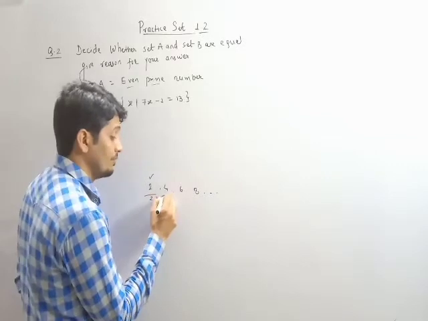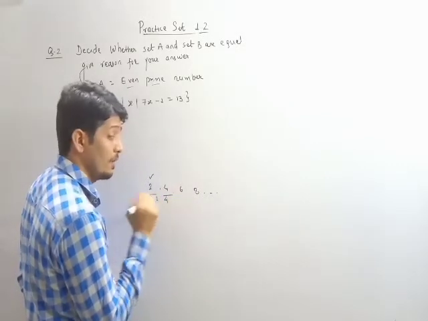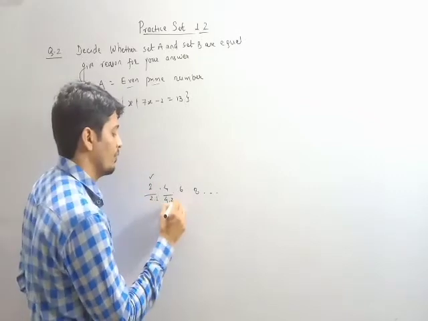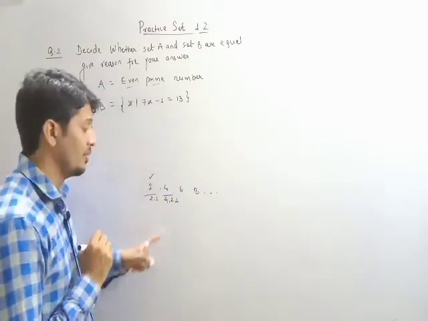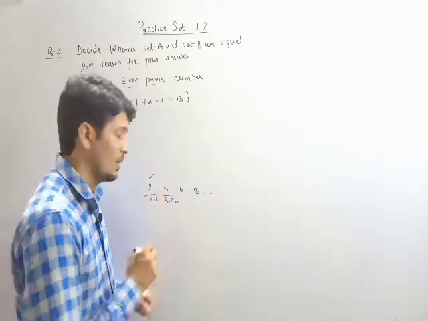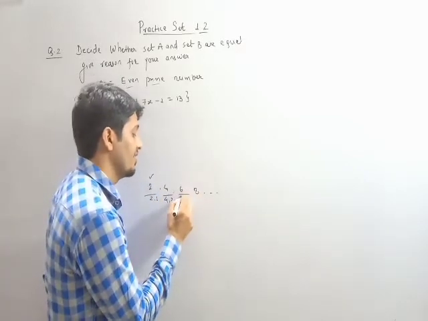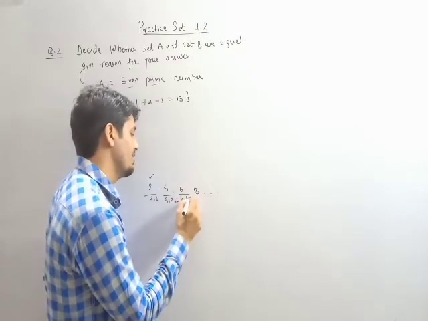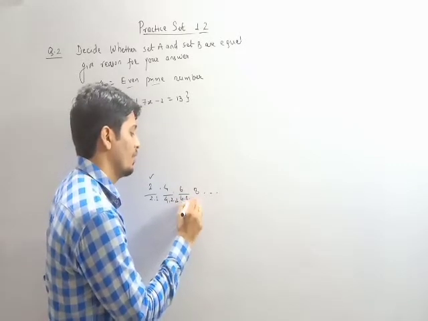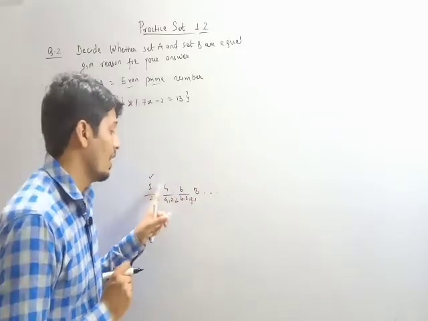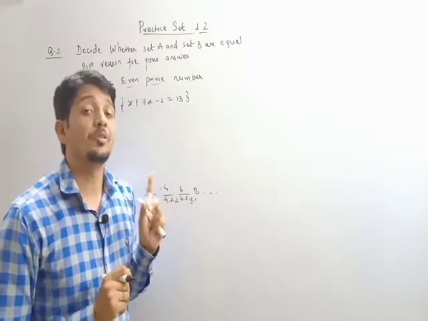What about 4? 4 is divisible by 4, by 2 and by 1. That means 4 is not a prime number. It is a composite number. What about 6? 6 is divisible by 6, by 3, by 2 and by 1. That means other even numbers are not prime numbers.